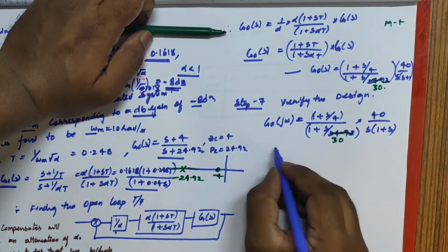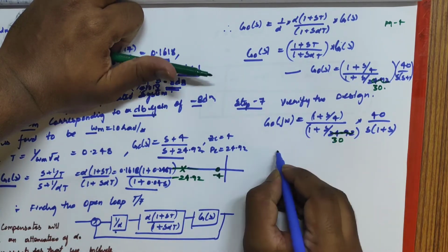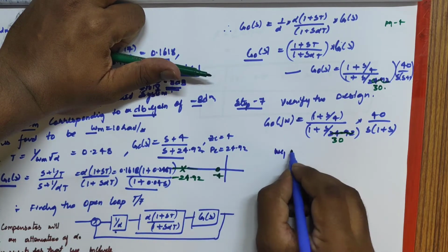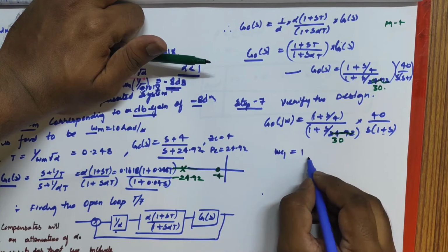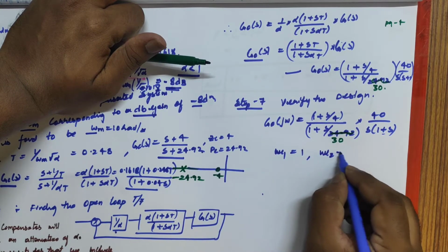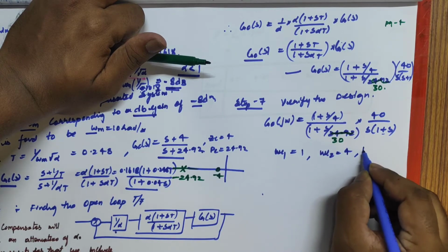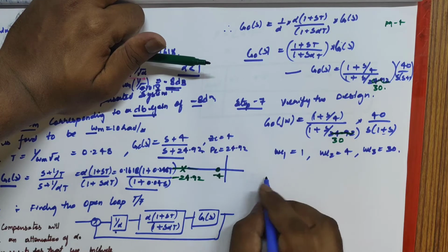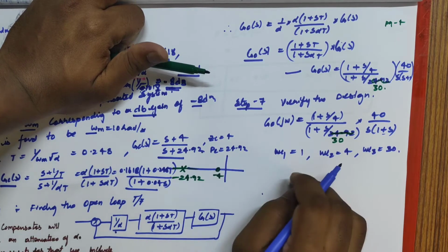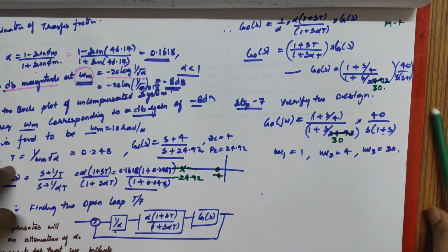Now the corner frequencies for this whole thing: omega c1 is 1, omega c2 is 4, and omega c3 is 30. Now we draw our Bode plot by doing magnitude and phase.